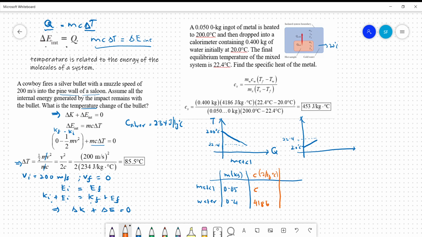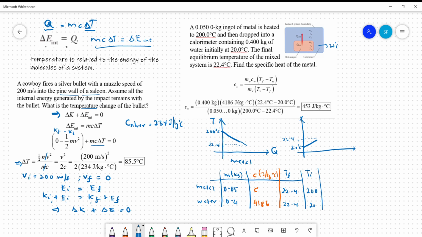And then delta T. Delta T is always T final minus T initial. T final is the same for both, 22.4. How about T initial? For the metal, it is 200 degrees Celsius, and for the water, it is 20 degrees Celsius.